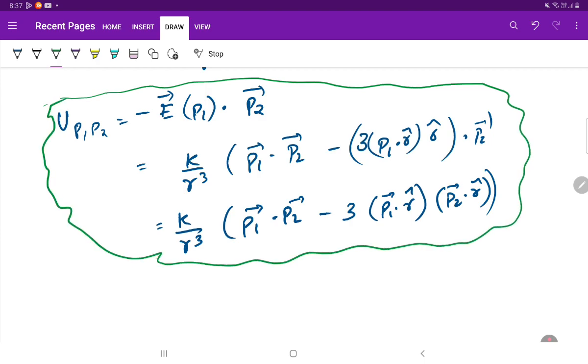This formula was actually given in one of the INPhO previous papers, and they asked you to evaluate a few things. Though probably they didn't ask you to derive it, in this video I provide you a detailed derivation of the whole formula. It involved a bit of higher level mathematics and a little bit of vector algebra, nothing else. So I hope you get it.